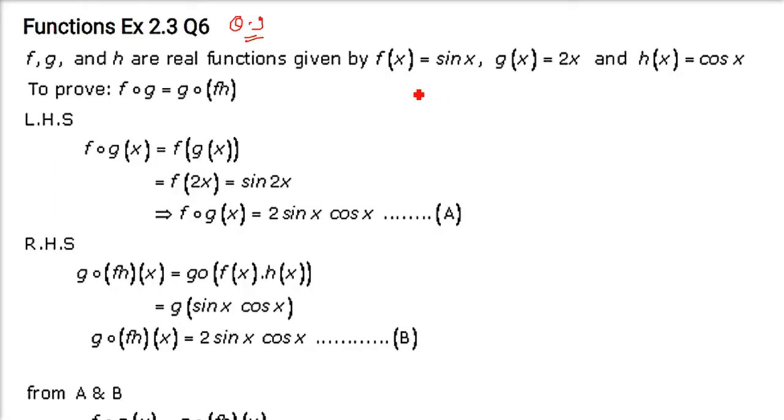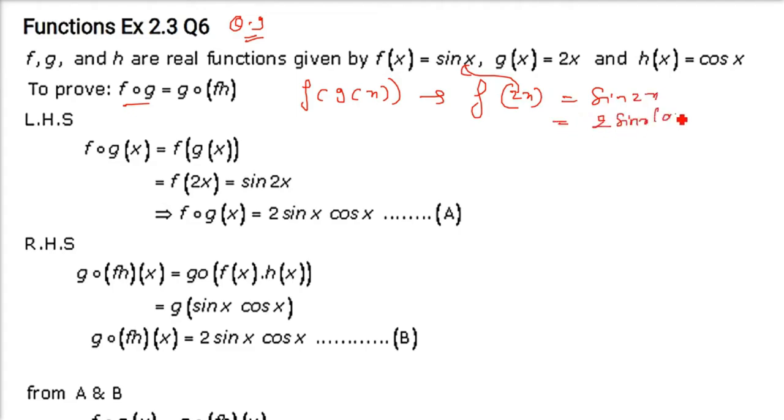So fog is f of g(x). What is g(x)? g(x) is 2x. So just replace in f(x), which is sin x, x with 2x. So sin 2x is 2 sin x cos x. I just told you in the earlier question.